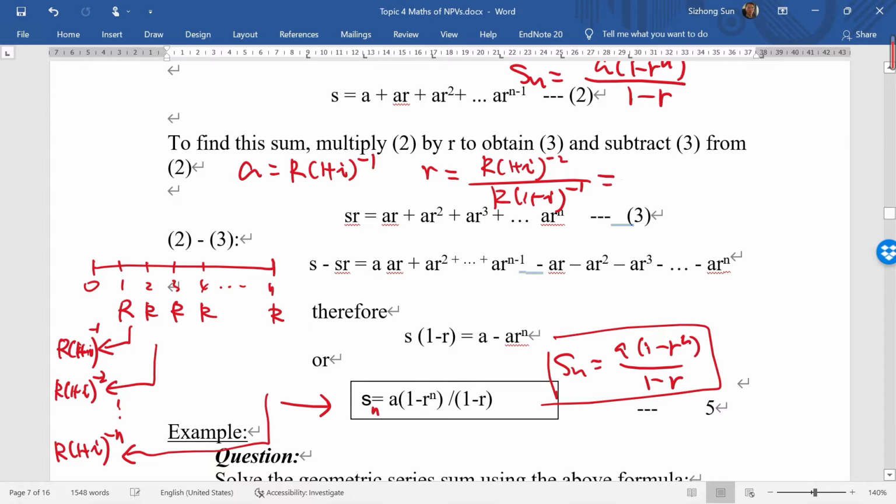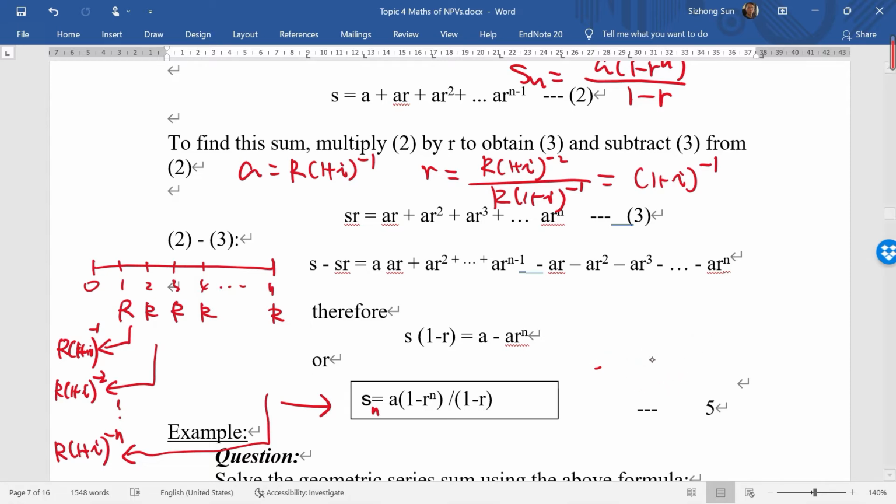So the common ratio is (1 + i)^-1. Okay, then we can apply this formula to compute the sum of this geometric series.